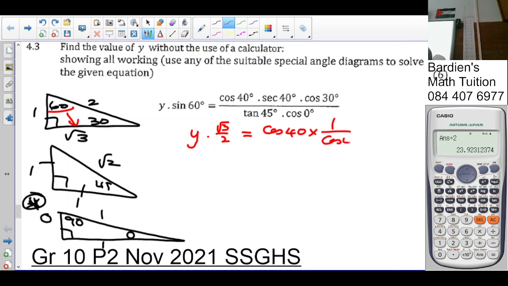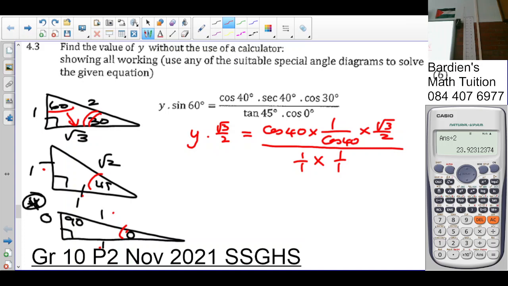So it's 1 over cos of 40. Cos of 30, this is my 30 degrees. Cos is adjacent over hypotenuse, which is root 3 over 2. This is divided by tan 45. Tan is 1 over 1. Cos of 0, cos is adjacent over hypotenuse, is 1 over 1.